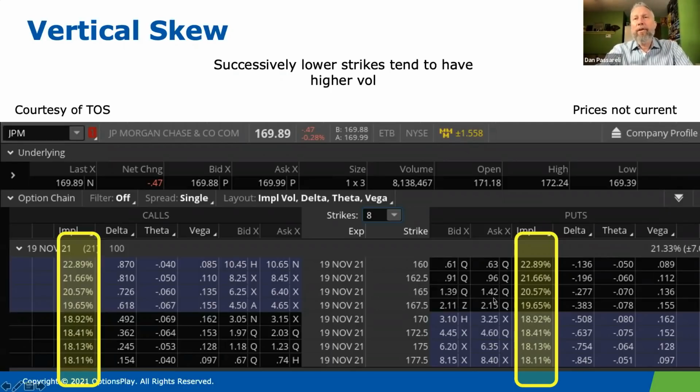And because there's this natural hedger's demand for these downside, out of the money puts, that means they are more expensive than the higher strike puts. And that also means that since these 160 puts are synthetically the same as the 160 calls, the 160 calls are going to have a higher volatility than the higher strikes too. Now, what do people do sometimes when the market's complacent?